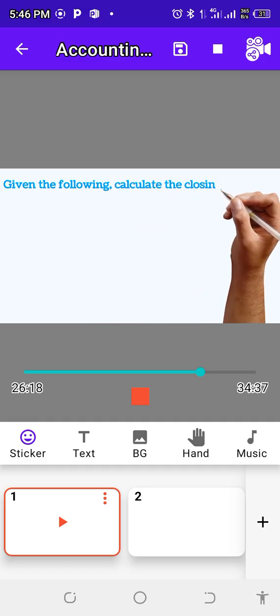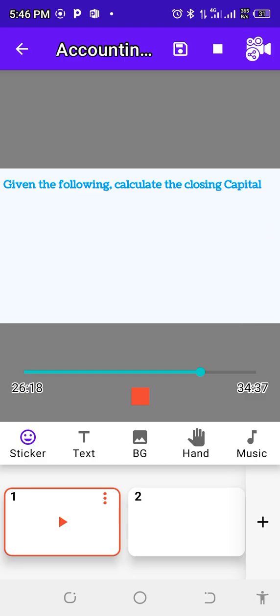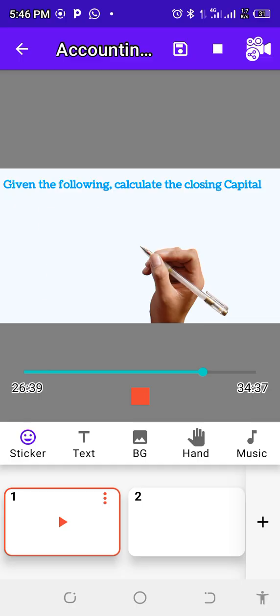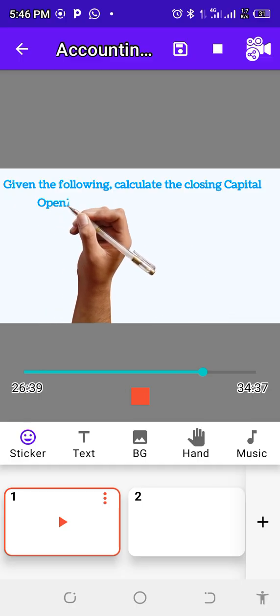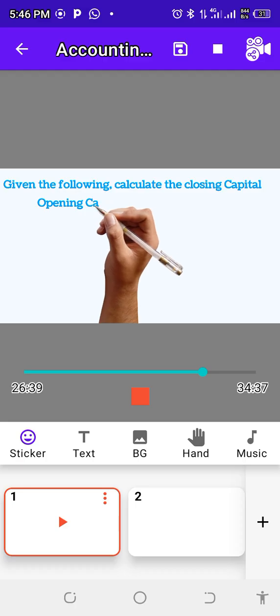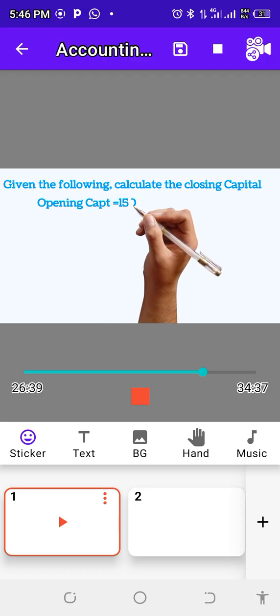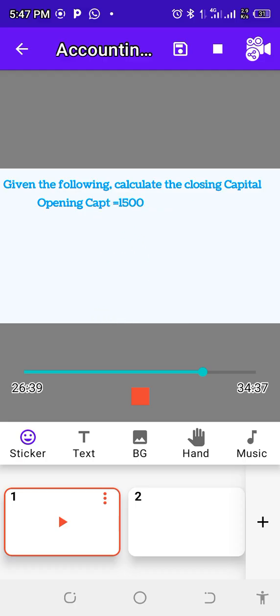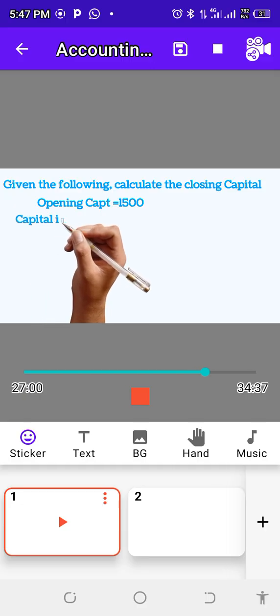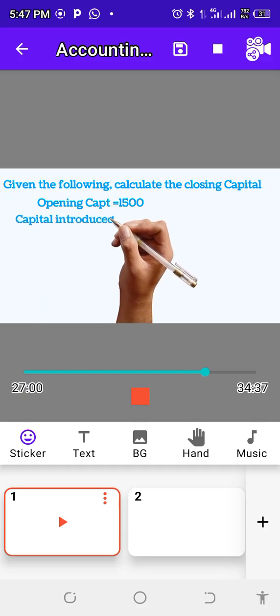The next question we are going to look at says, given the following, calculate the closing capital. Now, we are given the opening capital, which is 1,500. We are also given capital introduced, the additional capital, to be 500.